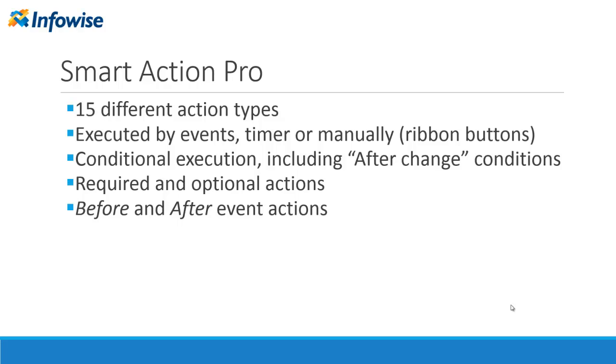So for instance, if you are updating a list item, you can have actions running before and after that update. Why is it important? Because before actions can, for instance, prevent the actual saving from happening. So you can have your business logic there to prevent, for instance, creating illegal or unwanted items.